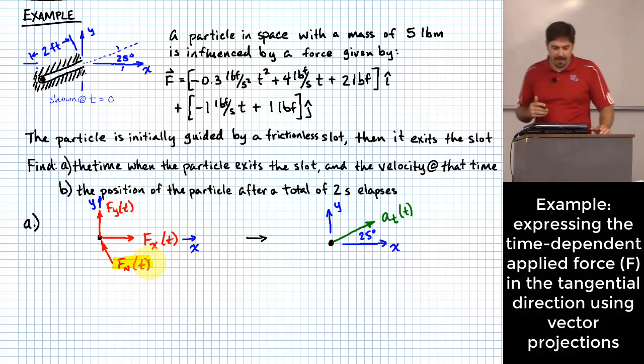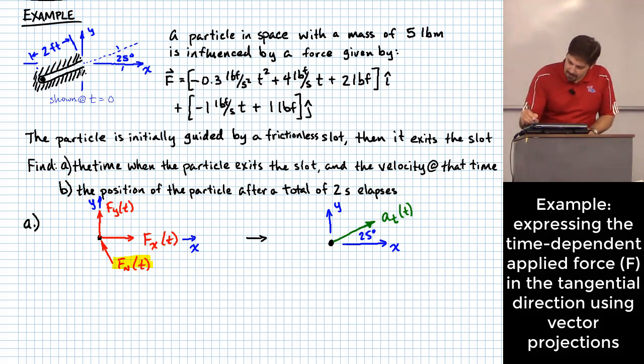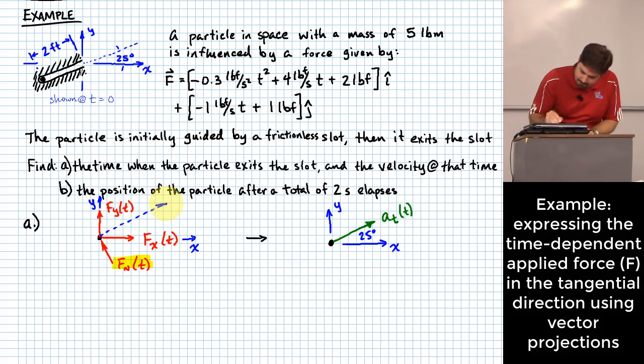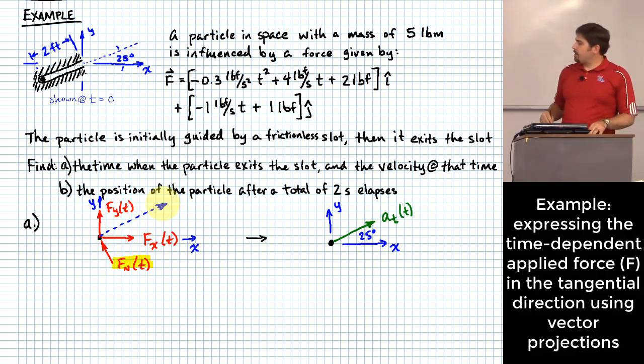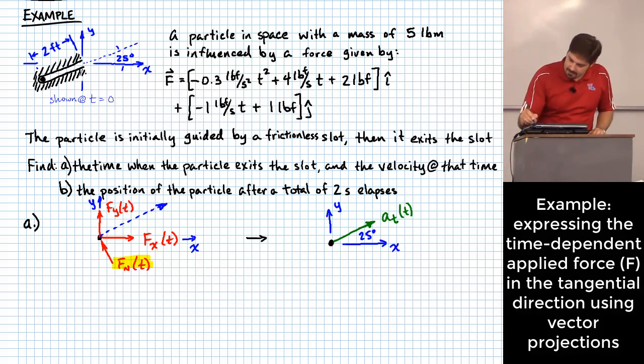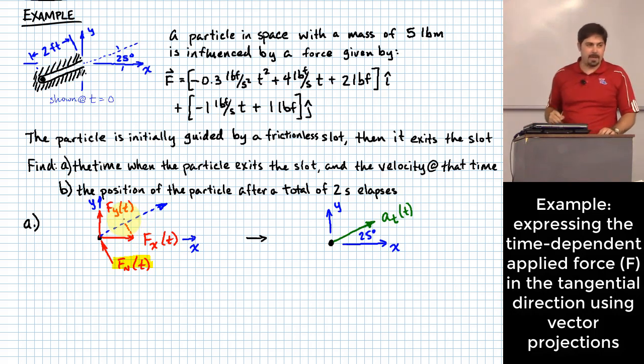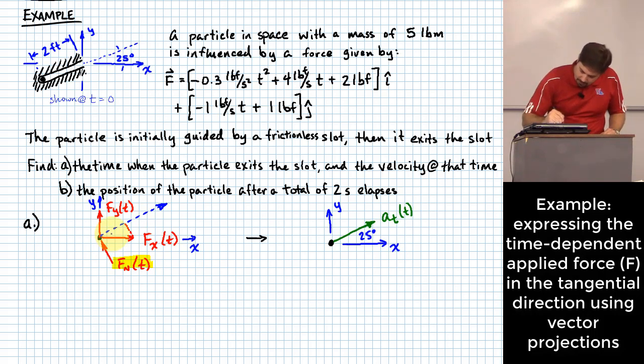Okay, well, how do I do that? Here's how I think about doing that. I'm going to draw a line here that would be in my tangential direction, right? And I can see there that there is a component of Fx that projects onto that line. Do you agree with that? All right. And what is this angle right here? That angle right there should be 25 degrees, right?